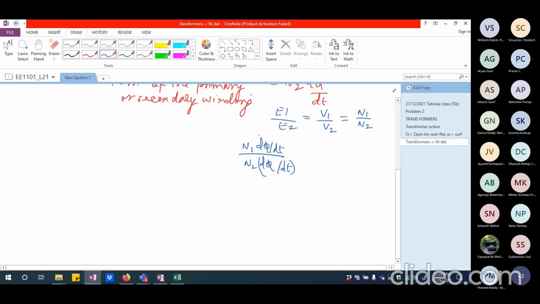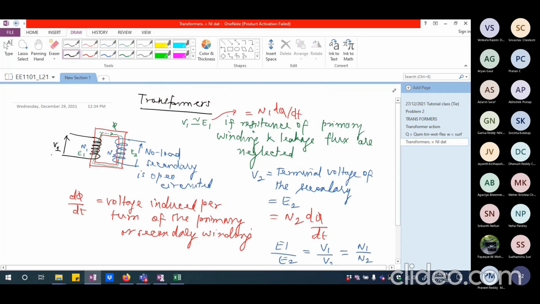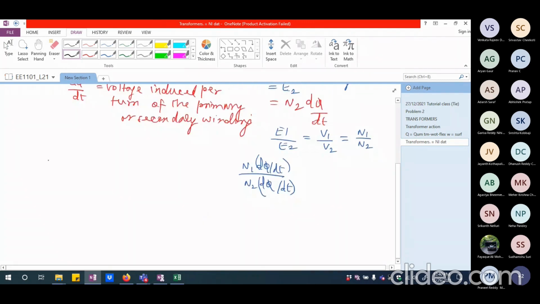This is what we said as the basic working of the transformer. And we also said that if I assume a sinusoidal excitation is given, so this voltage V1 is sinusoidal, then in all probability the current that is being drawn will also be sinusoidal. So the flux will be fairly sinusoidal. I'm going to have essentially phi equal to phi m sine omega t, from which we can write this as phi m sine 2 pi f t.